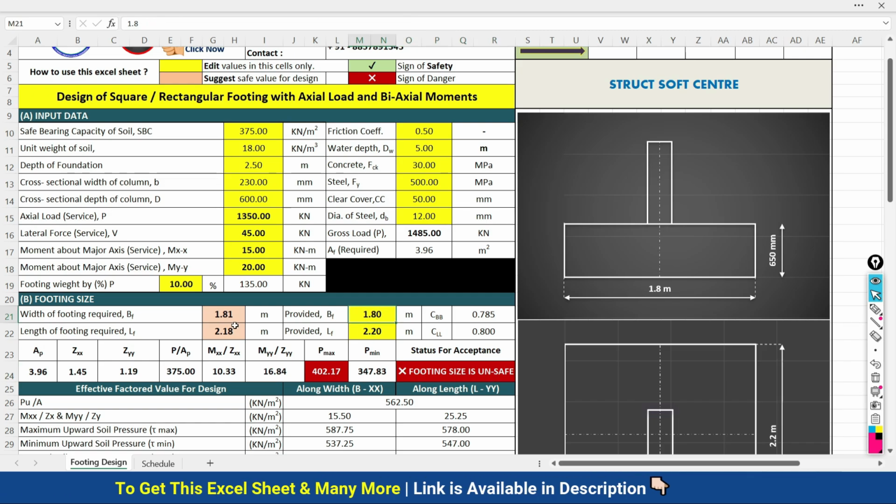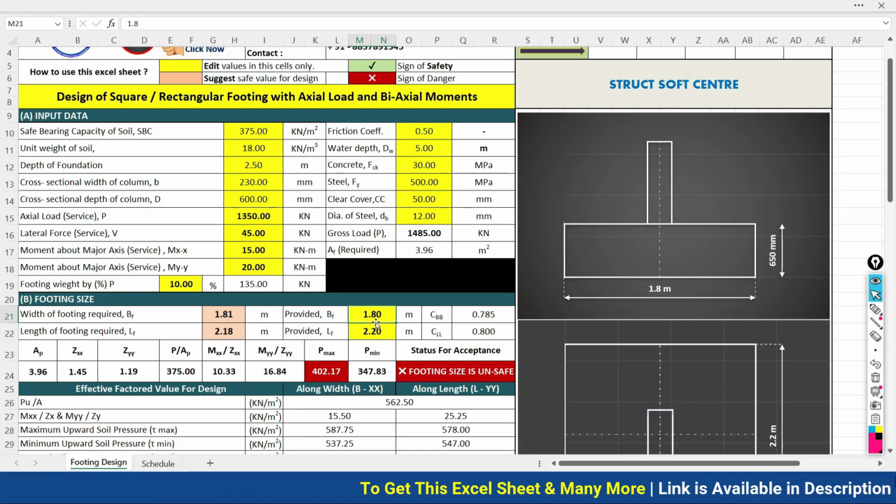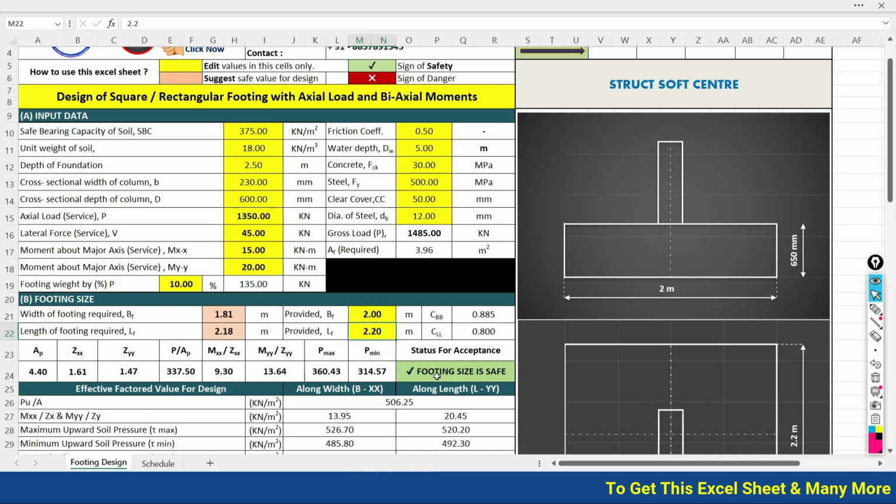So what I need to do here, 2.2 I have taken as the sheet suggested, and thereafter here I am going to take it as 2. So whether it is safe or unsafe, yes, it is now coming out to be safe. Your SBC is 375 and your maximum pressure is 360, which is less than your SBC of the soil. Now you are safe.